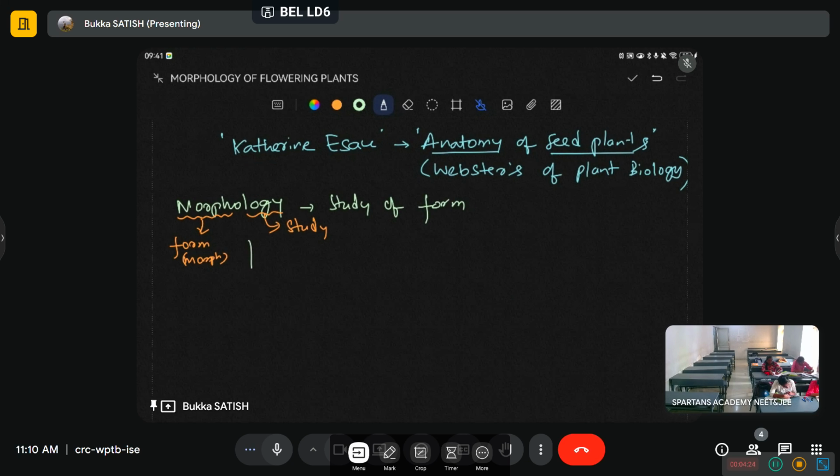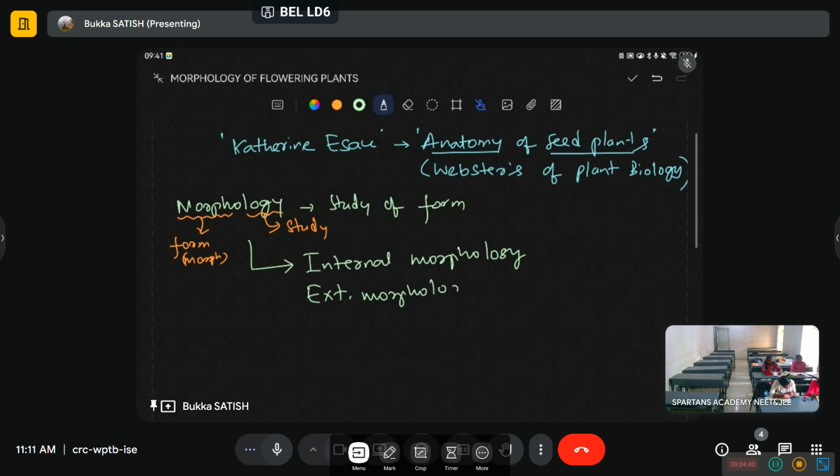Right. There are two branches in morphology. One is internal morphology. The other one is external morphology. Now, when we say morphology, by default we are talking about external morphology only.